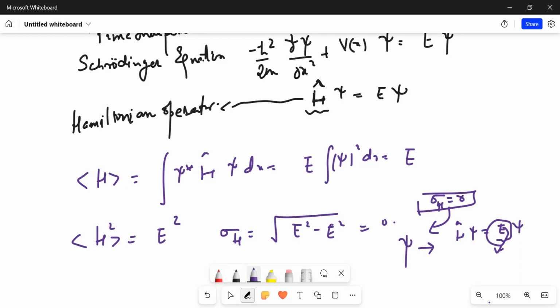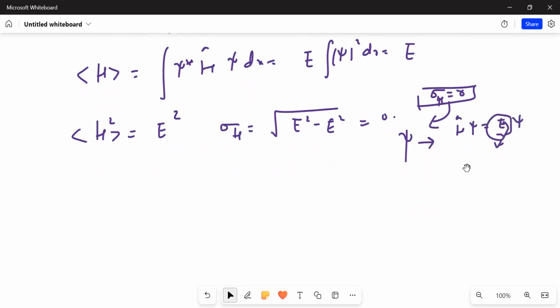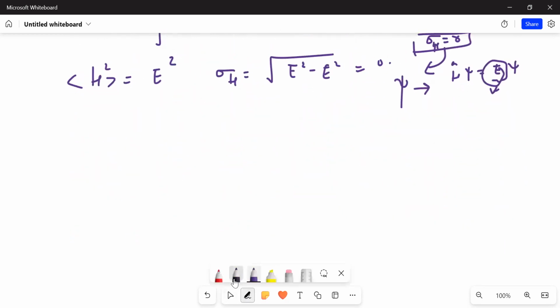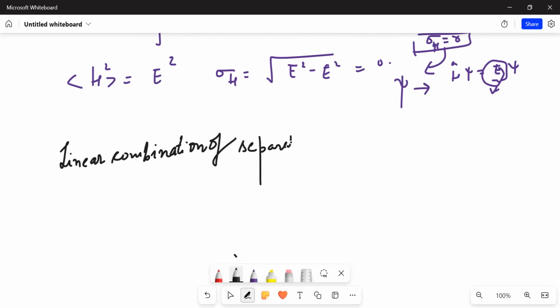Now, another important thing is that a general solution can be written as a linear combination of stationary states or separable solutions.